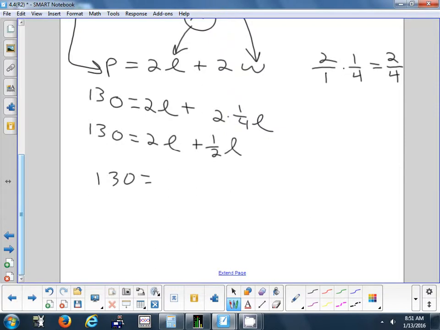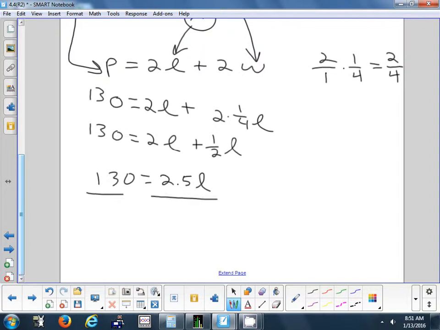Okay, Logan, what do you get when you combine like terms here? 2.5. Sure, you can do it as a decimal. 2.5 L. And now my last step, and then I'll have L by itself. Okay, Zach, what's my last step? Divide.